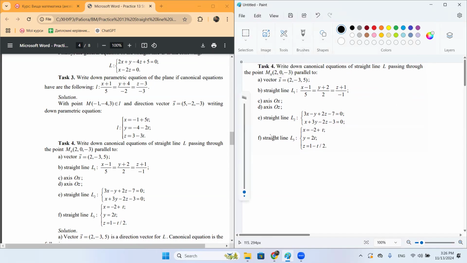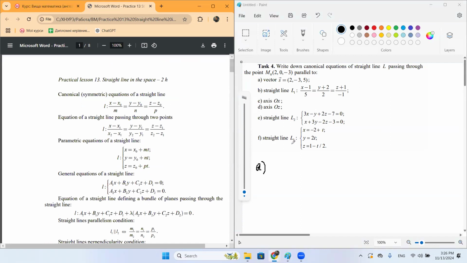So in the case of A, it's parallel to vector S with coordinates 2, minus 3, 5. So how to solve it? Any ideas? So do we have everything for it or not?